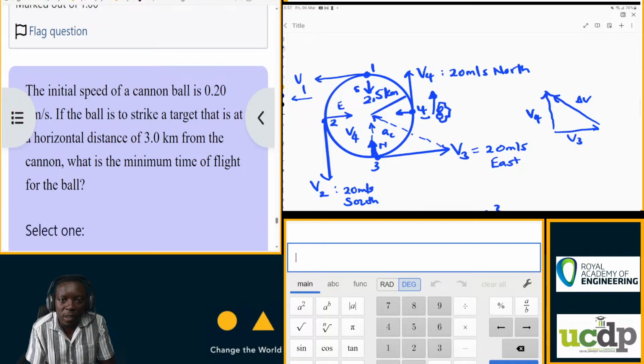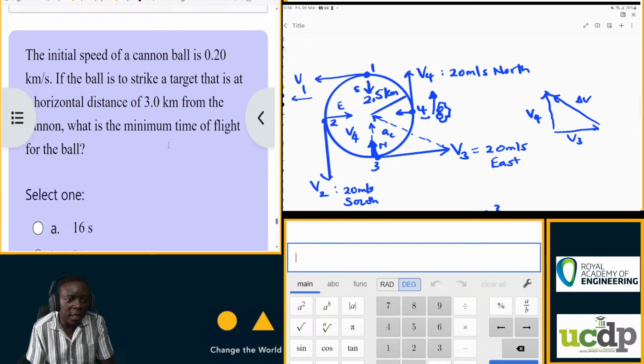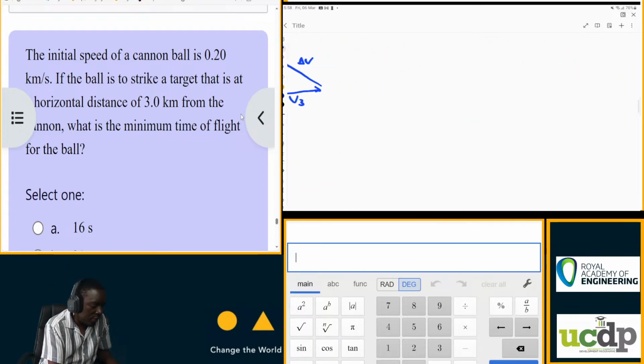So with that, we look at our next question. The question reads: the initial speed of a cannonball. Okay, so this is now for Arsenal Fence.